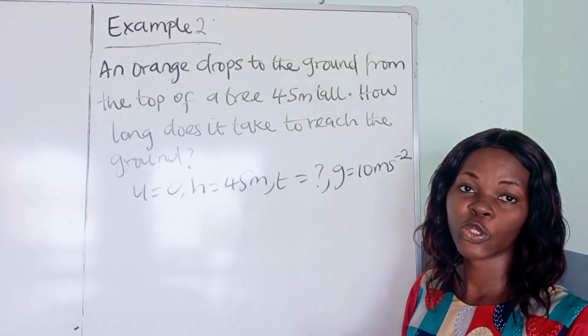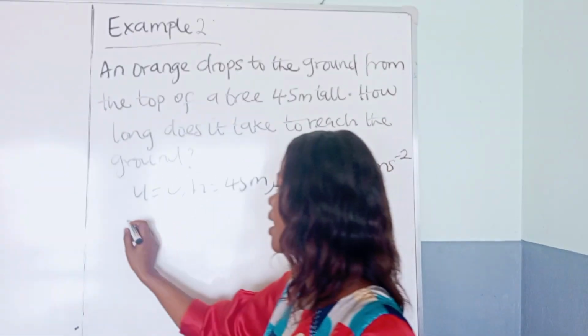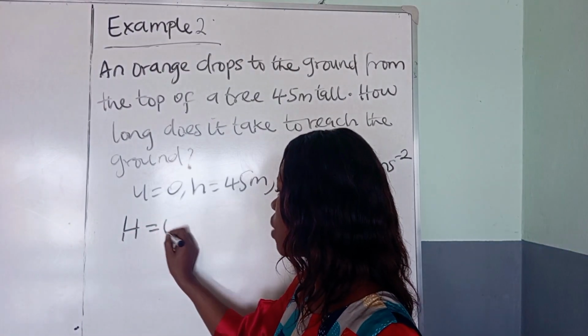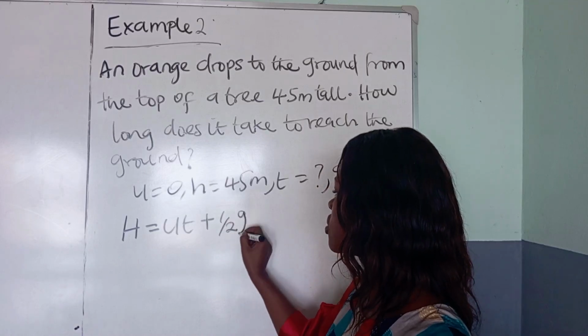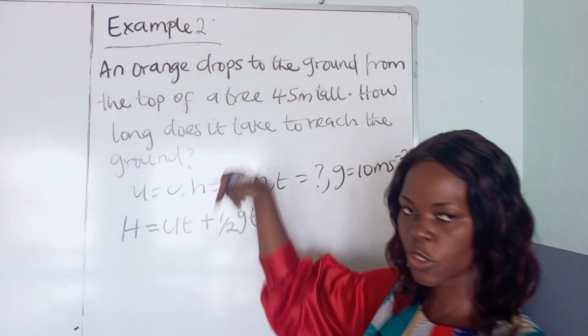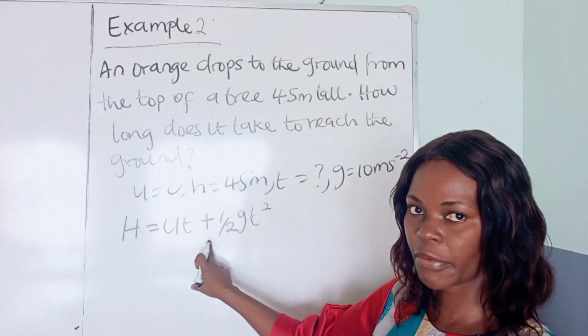So let's see what we are going to use to solve this problem. I will say h is equal to ut plus half gt square, because it is coming down. That is why I have plus here, remember.